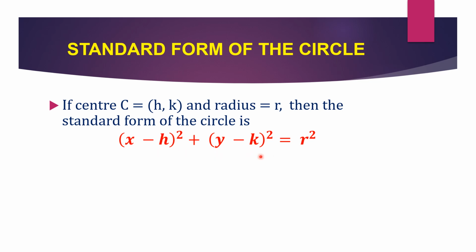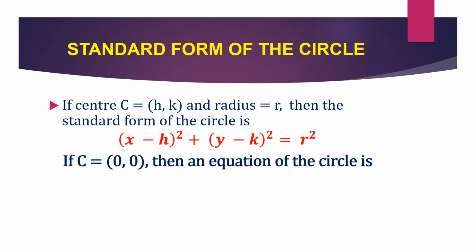Then the standard form of the circle is (x minus h) whole square plus (y minus k) whole square equal to r square. And if center equal to (0, 0), then the equation of the circle is x square plus y square equal to r square. This is the standard form of the circle.